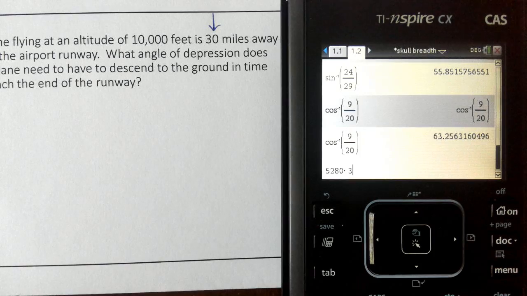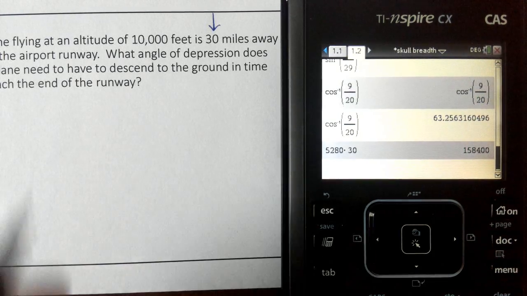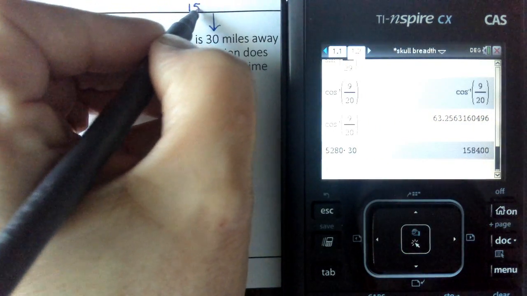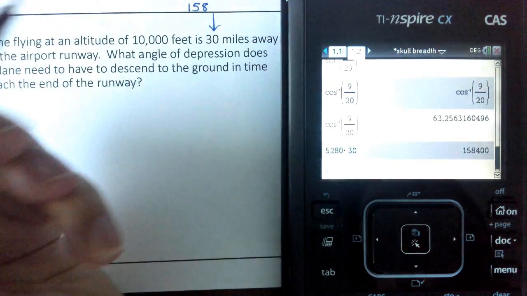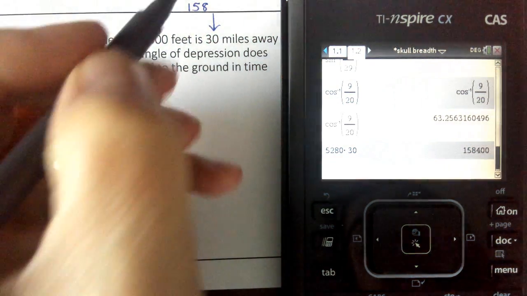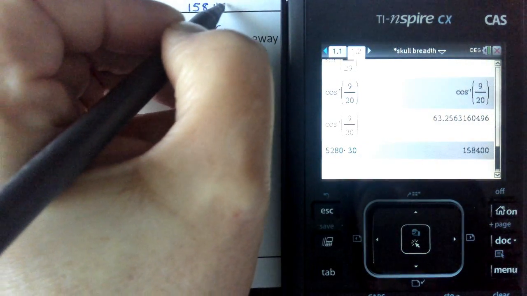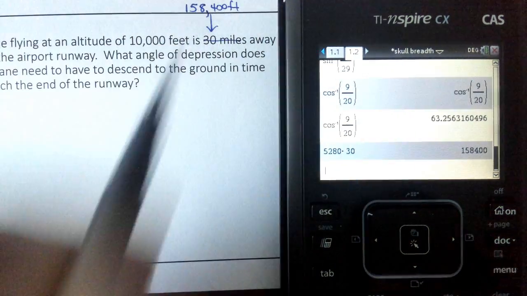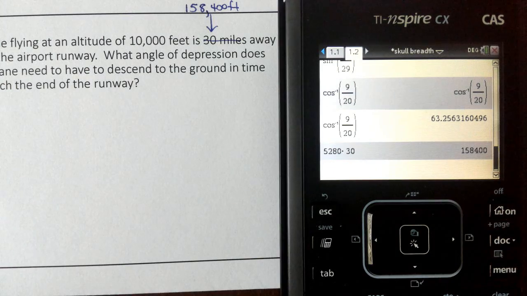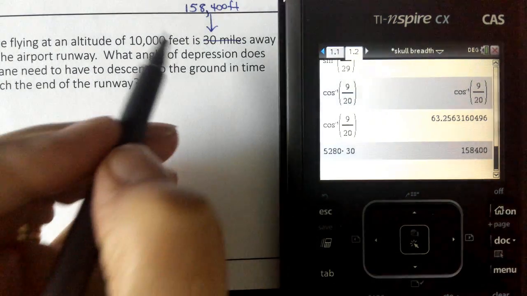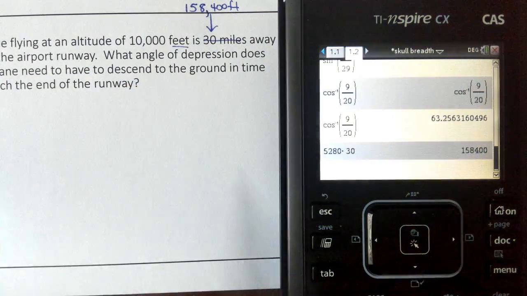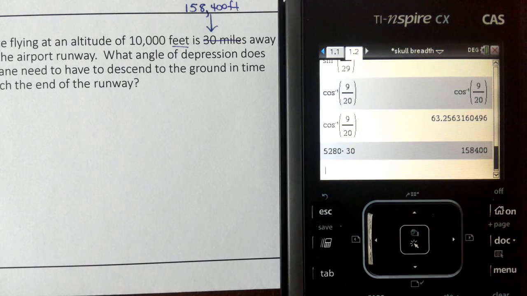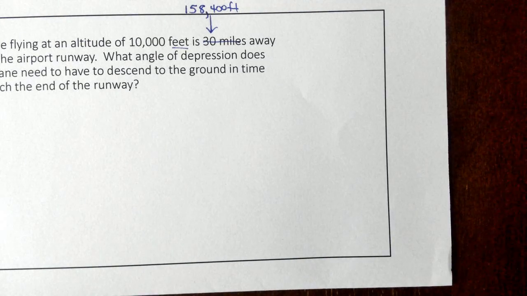So times 30, that's 158,400 feet. So I'm going to replace 30 miles with 158,400 feet right off the bat so that I'm using the same units. Now I don't have to worry about it anymore. So let's go from there.